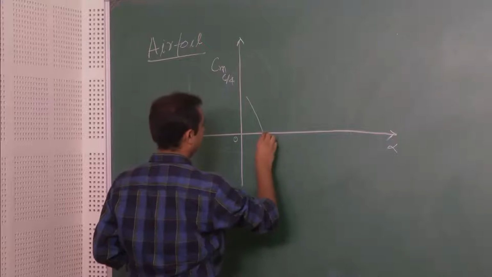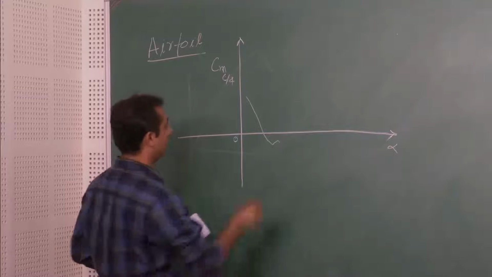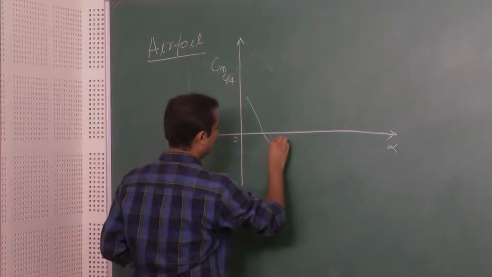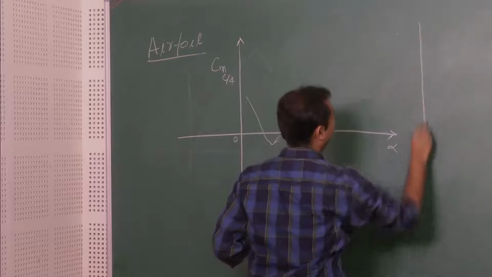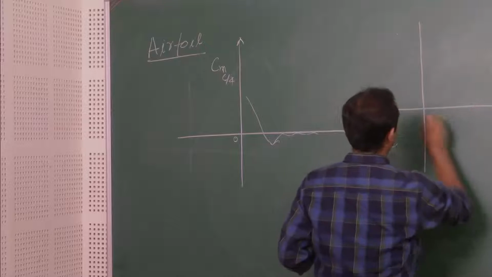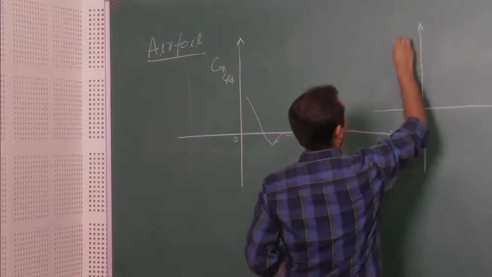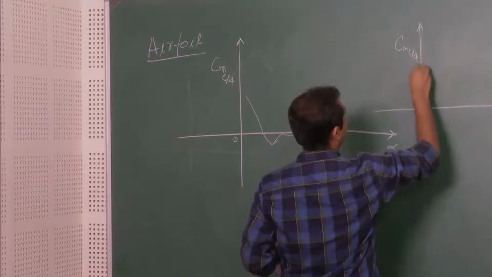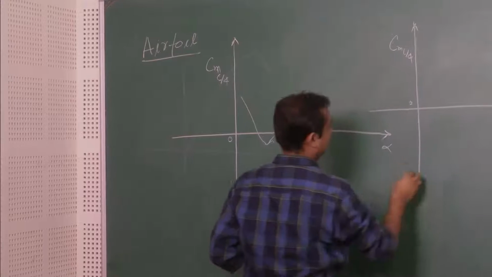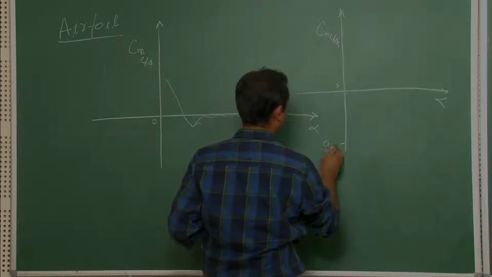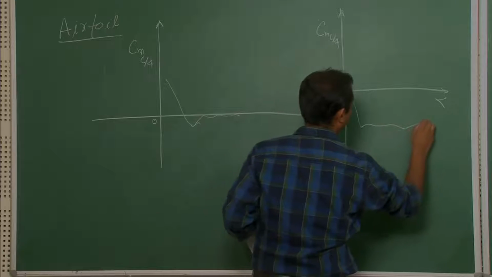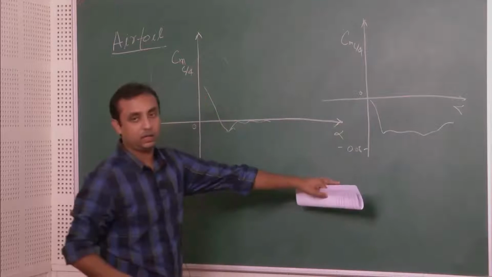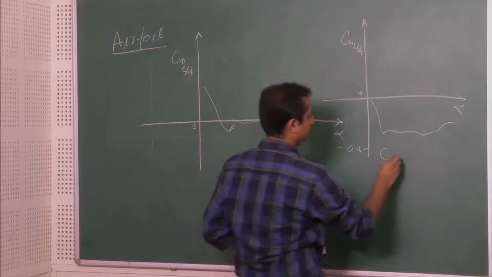In the case of a symmetrical airfoil you will see that CM c/4 is very close to 0, but for a cambered airfoil this will be much lower than 0. It will be in negative values, something like this. So from this I can get the value of CM AC.